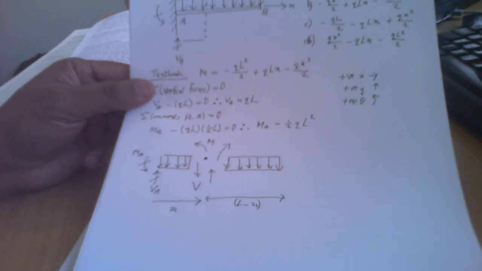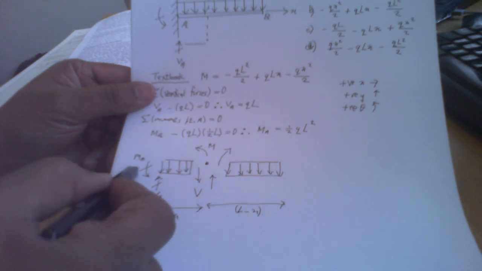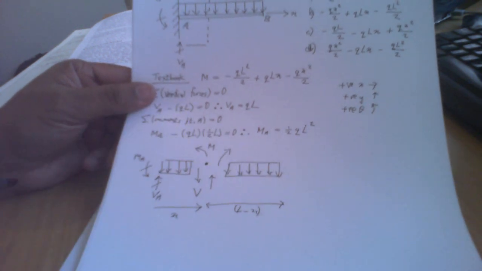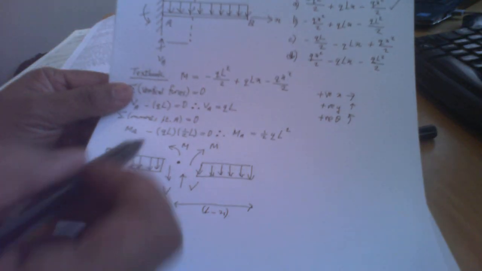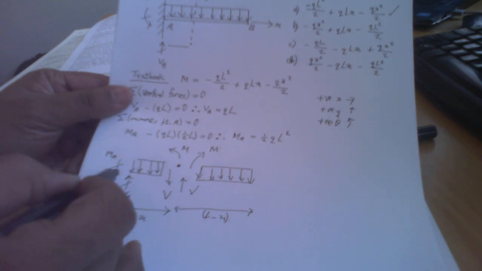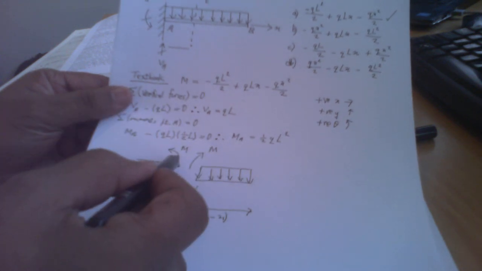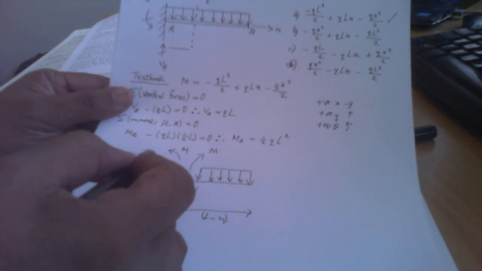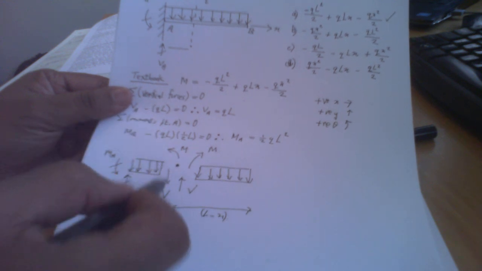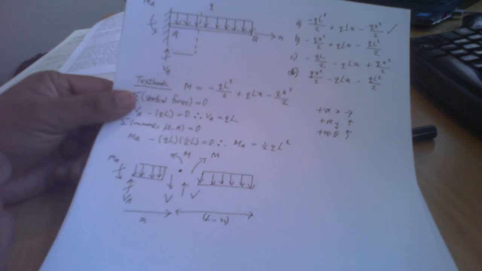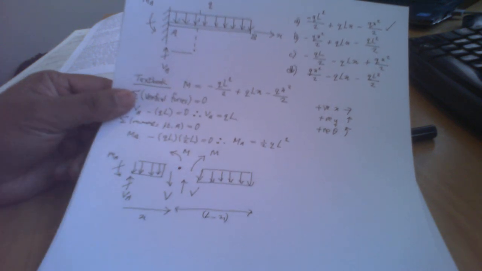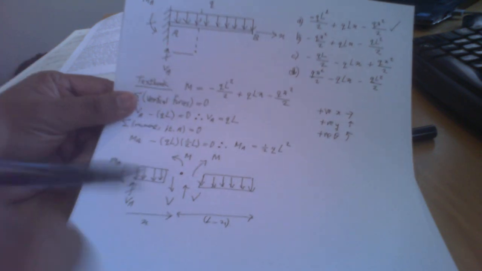This is a diagram. This is on the left of the cut, this is on the right of the cut. We can choose either direction to apply equilibrium of moments. Let's choose the left hand side cut. On the left hand side cut, positive bending moments is in the anti-clockwise direction, positive shear forces is in the downwards direction, vice versa on the other side. These are opposite, so the sign convention is important.